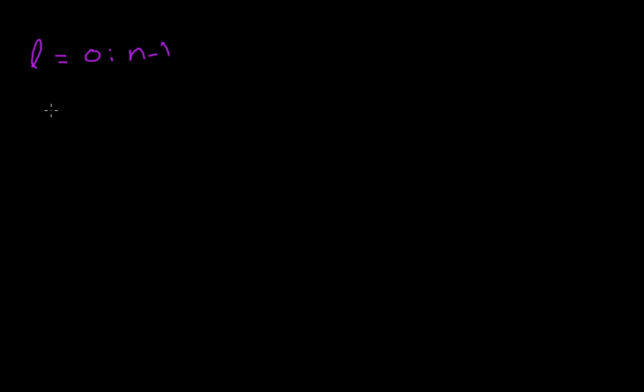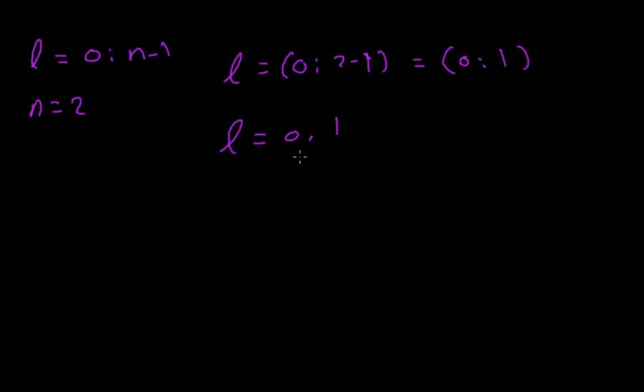So let's try when n is equal to 2, or the second energy level. L in this case should be 0 to 2 minus 1, which is 0 to 1. Then L is 0 and 1, right?